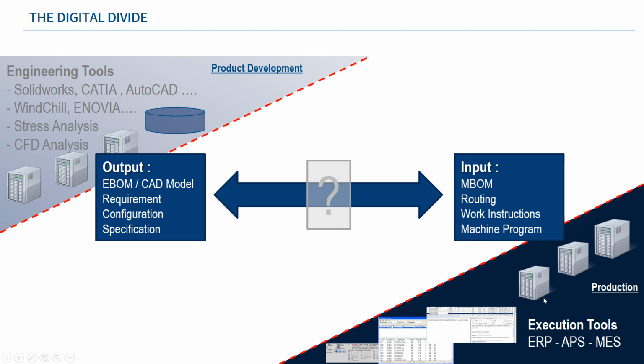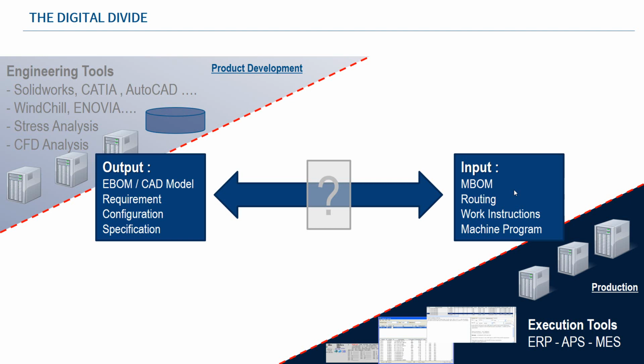And the input required by the execution tool are the manufacturing bill of material, the routing, so what is the sequence of operations I need to perform to have my final product, and work instructions for the shop floor to make sure that the operators on the shop floor are following and doing the right job. And also machine programs.